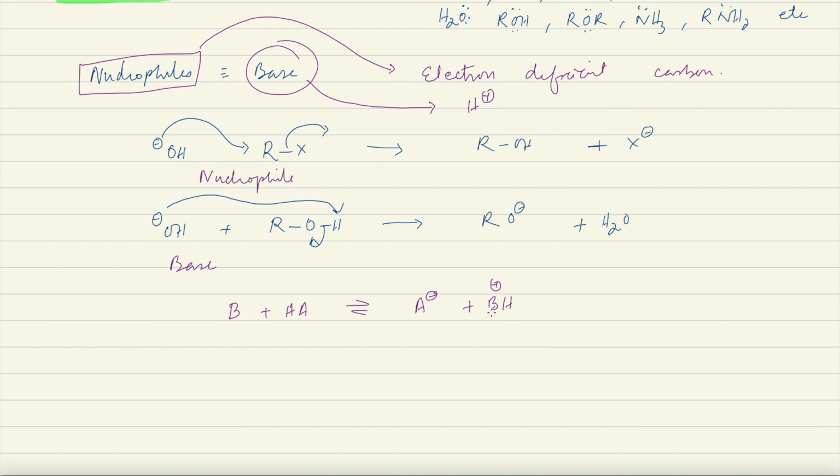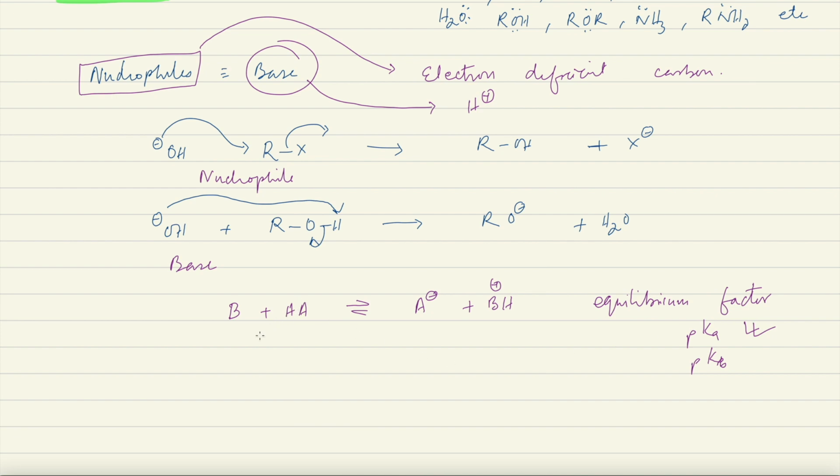So this is an equilibrium reaction, and the reaction is determined by an equilibrium factor. The strength of a base is determined by this, like pKa or pKb. Most commonly we use pKa for the strength of a base.